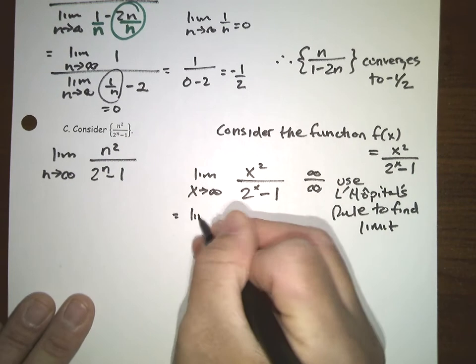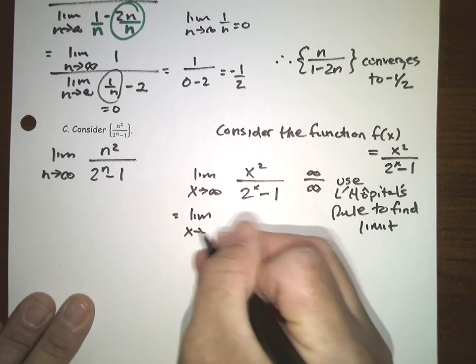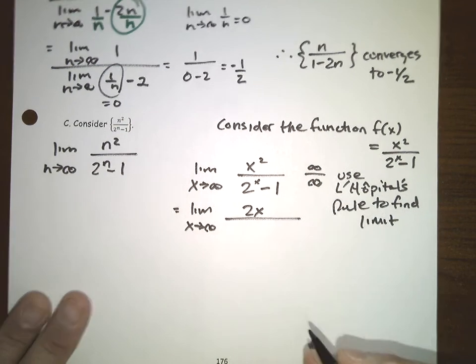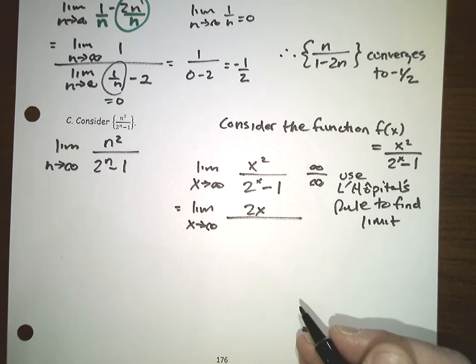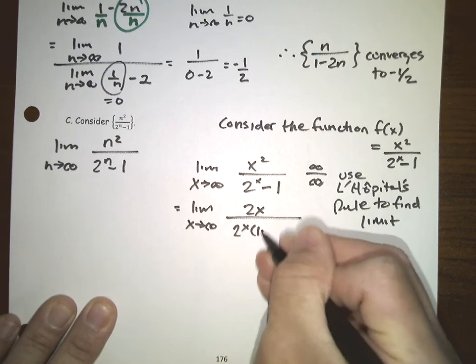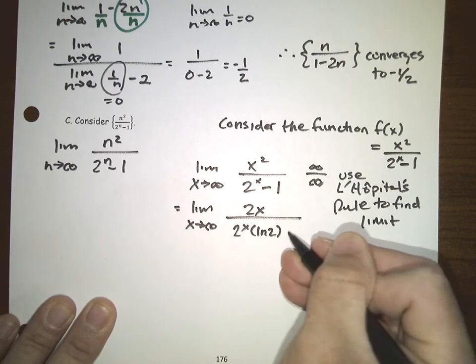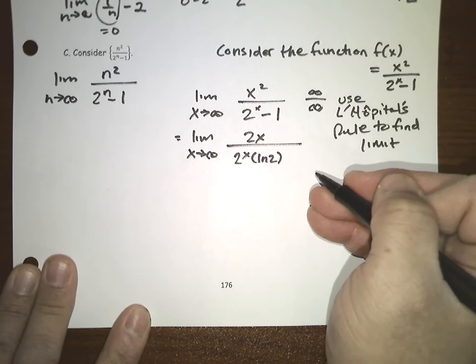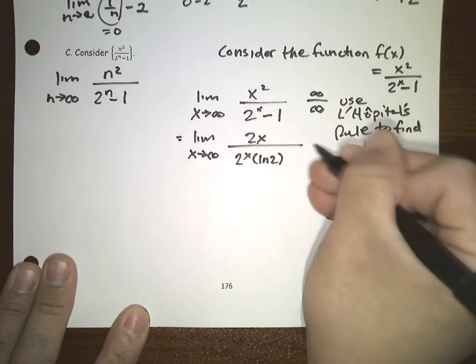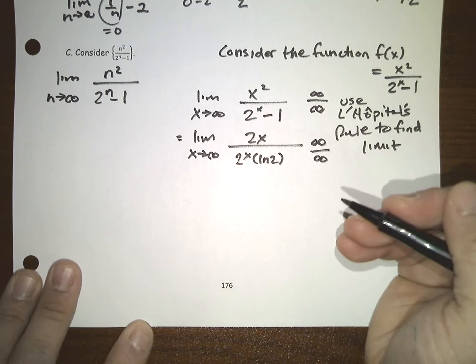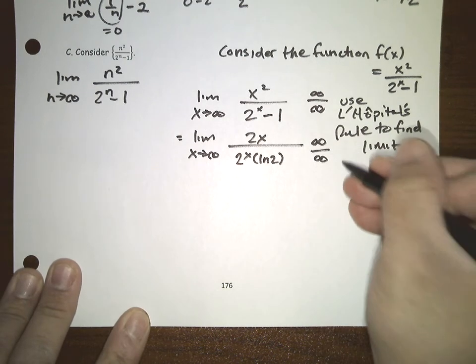So the derivative of x squared is 2x, and the derivative of 2 to the x minus 1 is 2 to the x natural log of 2 minus the derivative of 1, which is 0. But I still have an indeterminate form of infinity over infinity, so I need to use L'Hopital's rule again.